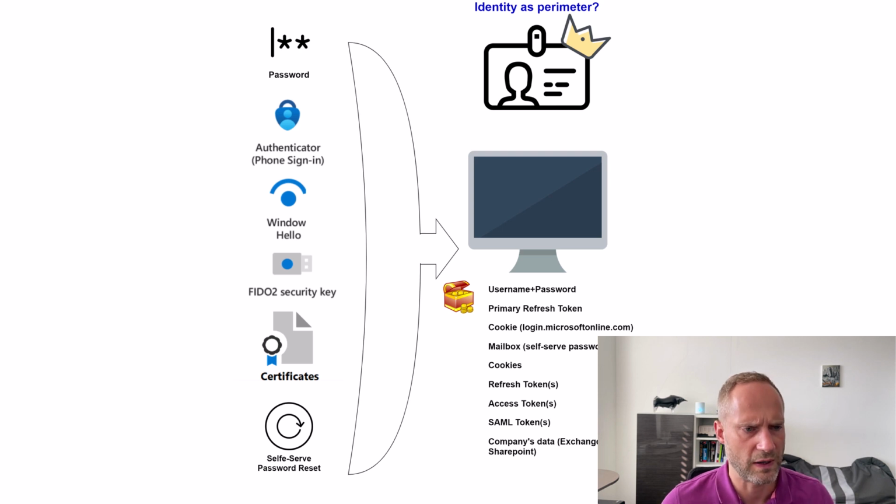It can be username and password, it can be the PRT tokens, refresh tokens, access tokens, cookies, it can be a mailbox, because if some user has a mailbox, maybe you can do self-serve password recovery. There are SAML tokens, and on some devices, maybe for the attacker it's enough to have access to Exchange, OneDrive or SharePoint, which is actually being used on the compromised device. So maybe they don't need the user identity, they will be fine just copying out or exfiltrating the data.